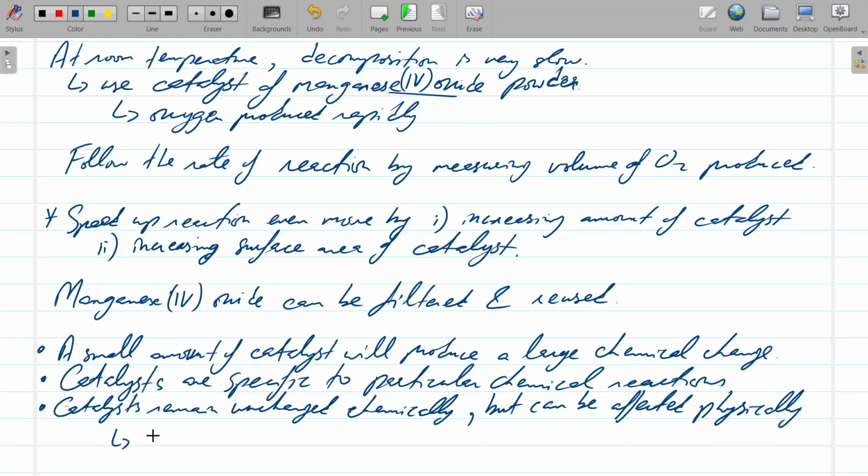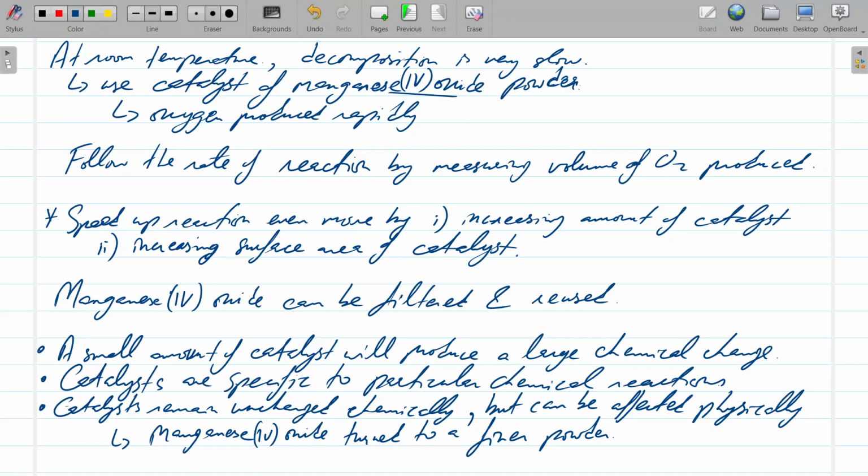Right, so in this case, the manganese(IV) oxide turned to a finer powder. It was used as a powder anyway, and then at the end of the experiment it was a finer powder.